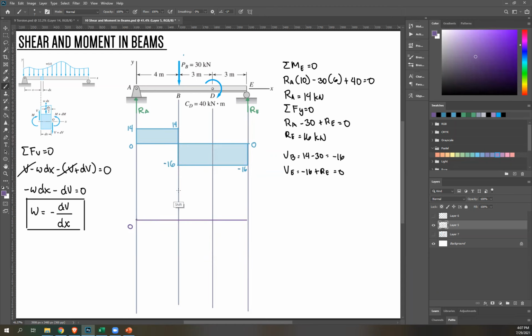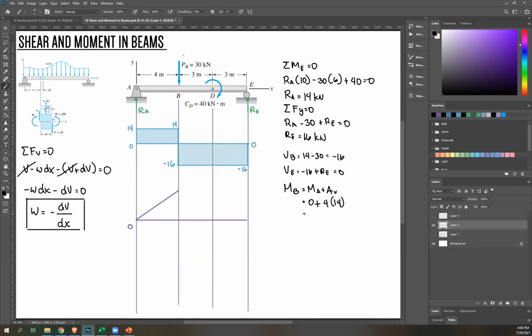Okay? And then to get that value, MB is equal to MA plus the area of your shear diagram. So MA is 0. This is just a rectangle, so base times height. Base is 4. Height is 14.